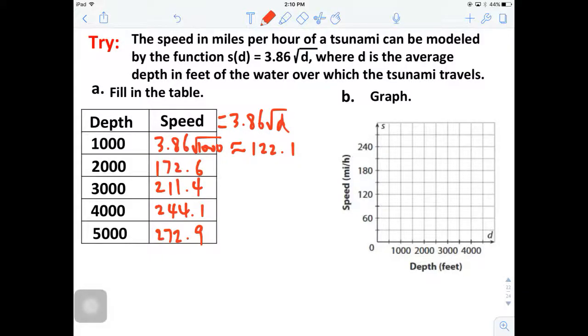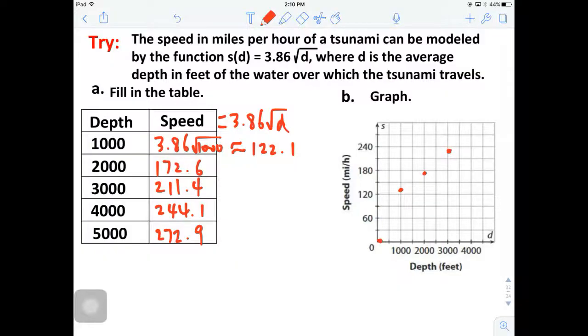Again, I need you guys to verify these. Use a calculator, okay? And then when you graph these, 1000 is going to be at 122. 2000 is going to be 172. 3000 is going to be 211, something like this.